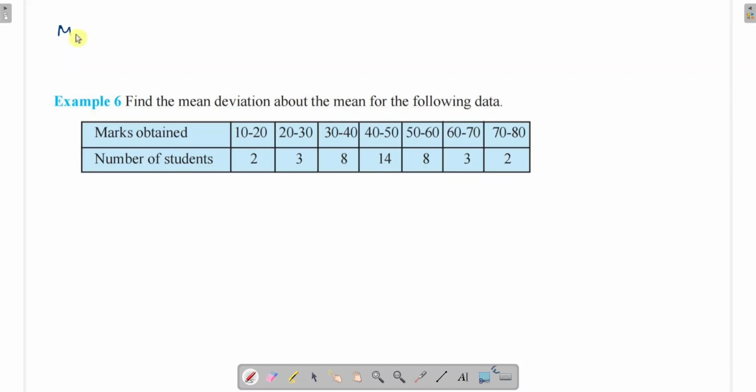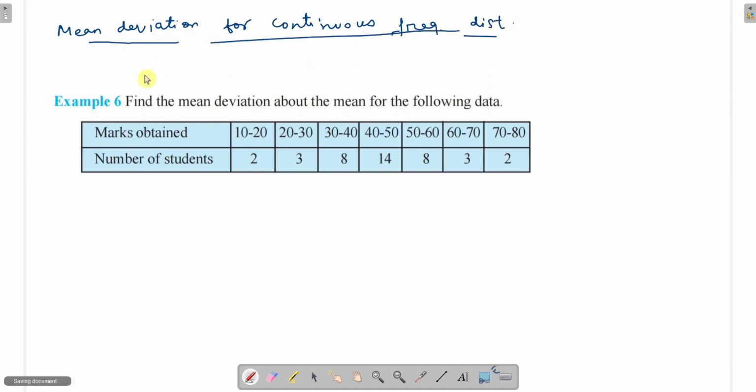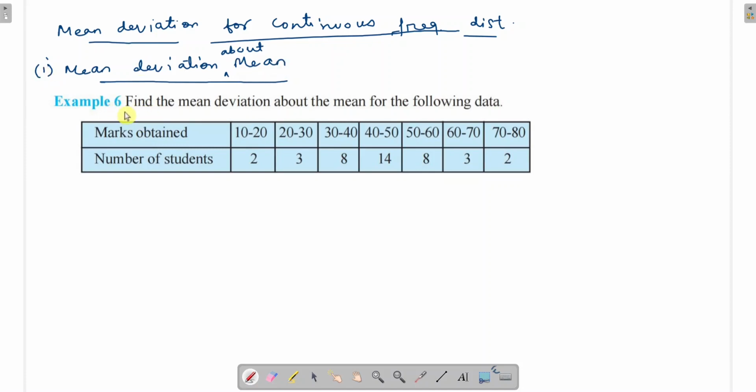Here we are finding the mean deviation about the mean. This is the first part, and then we will find the mean deviation about the median. So let us look at the example here.